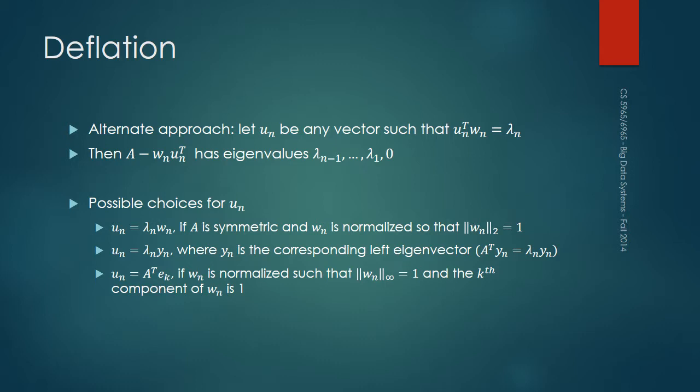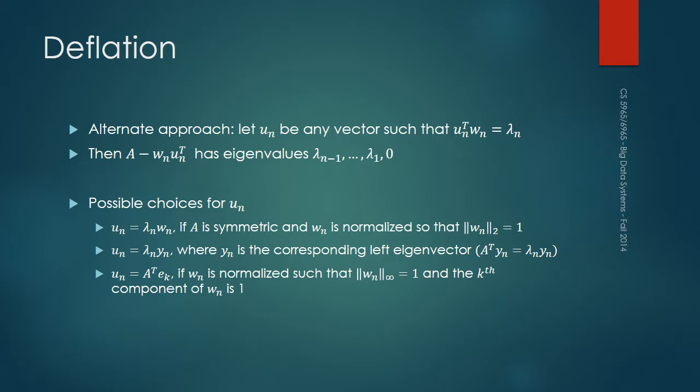There is another more generic way of doing this. Without giving any proofs, I'm just going to explain that you can choose this vector by applying A transpose to the kth unit vector, where you obtain k by taking the dominant eigenvector, normalizing with regard to the infinity norm, and figuring out which is the dominant row.